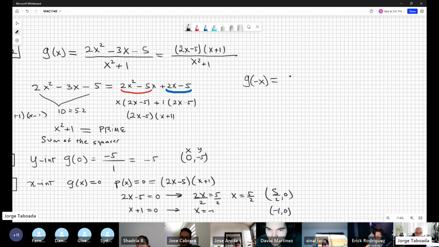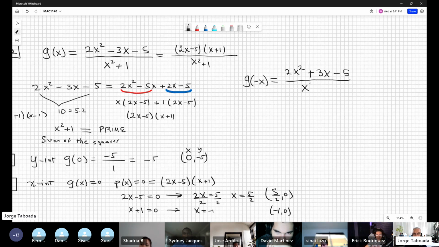Okay, guys, as we talked about in the WhatsApp group, remember, when you change x for negative x, the even exponent stays the same. However, the odd exponent changes, and the bottom stays x squared plus 1.